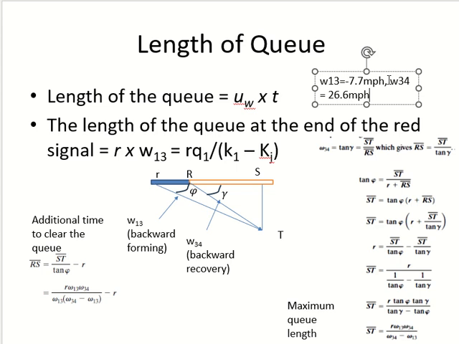Convert R to hours, because values are in miles per hour. This one is also minus. This is also minus. Both are minus.